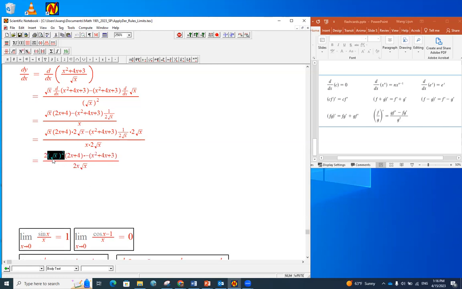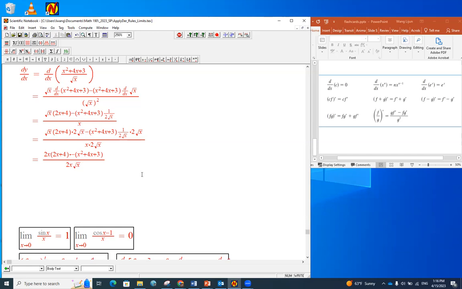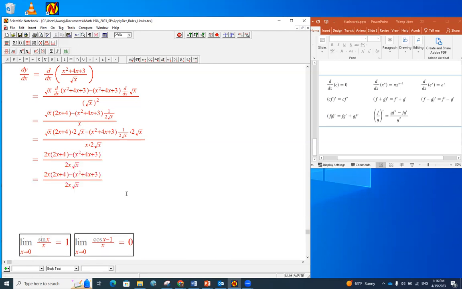Square root of x squared, that's x. Looks like we're getting somewhere, okay? Foil the top, and we always wish to have the answer in product form.